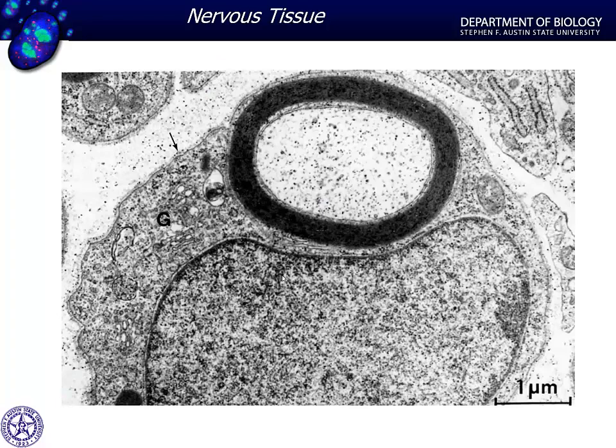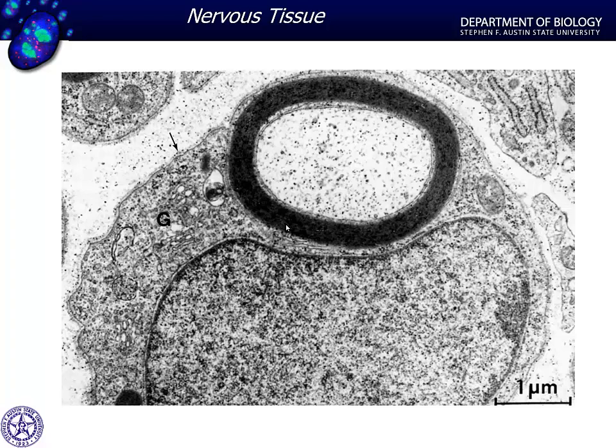Now, a lot of what we're going to see and know about myelination in Schwann cells, we see at the electron microscopic level. So here we have the nucleus of a Schwann cell, the cytoplasm, and here we have this really dark, intensely stained myelin sheath. Now, as the myelin sheath is laid down, the plasma membrane is going to wrap around and around and around.